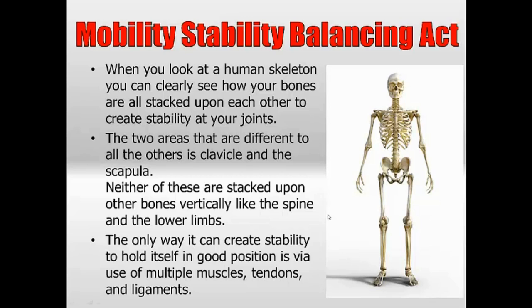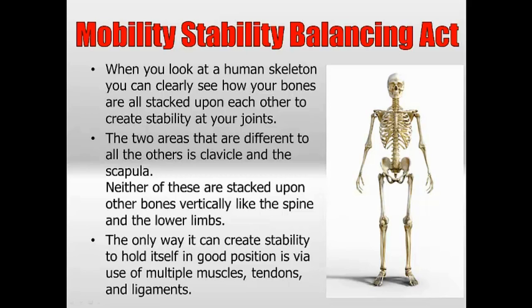Alright, so the shoulder itself is really like a balancing act between mobility and stability. When you see a skeleton, most of the joints will lock into each other: the knees, even the hips to some degree, elbows, even the humerus locking into this part of the shoulder.